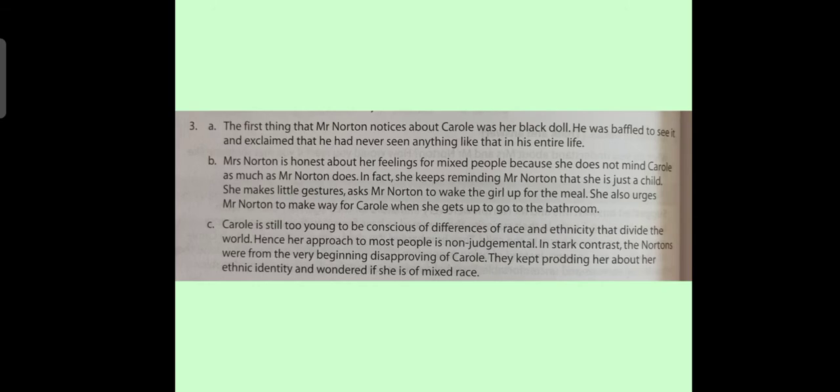Hence, her approach to most people is non-judgmental. In stark contrast, the Nortons were from the very beginning disapproving of Carol. They kept prodding her about her ethnic identity and wondered if she is of mixed race.